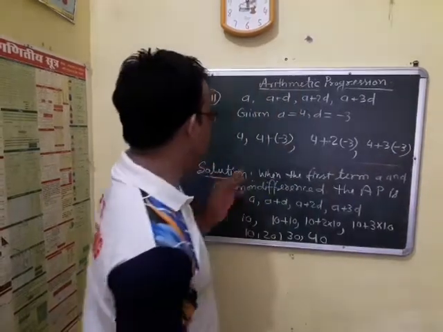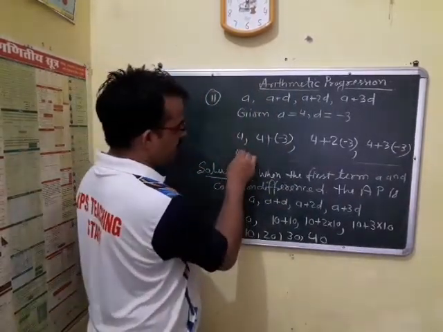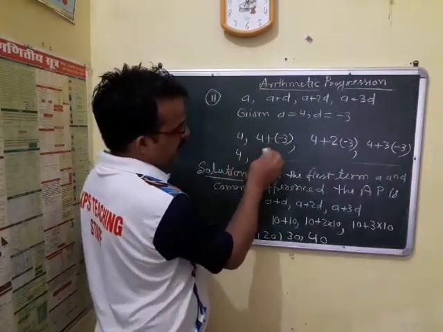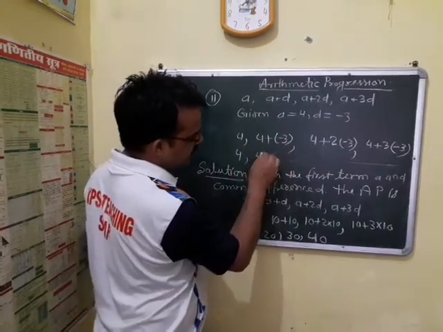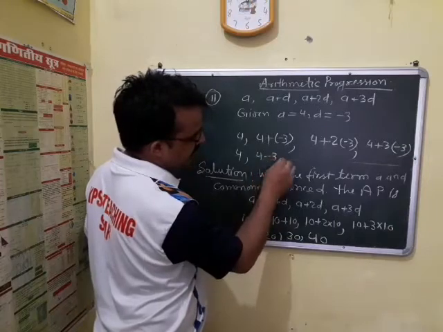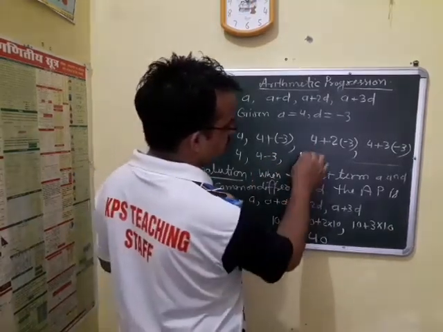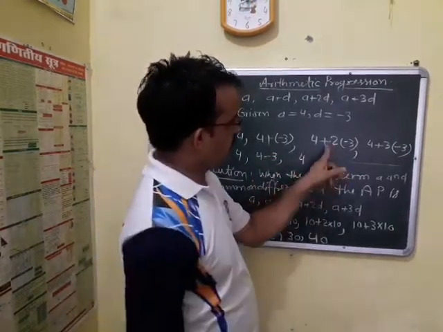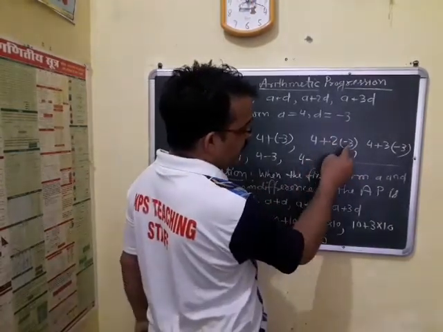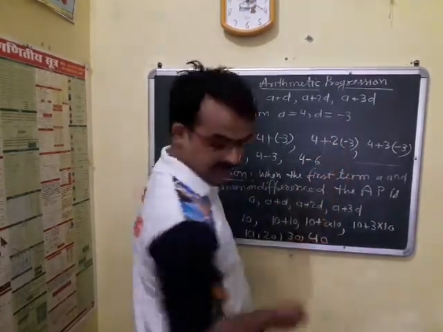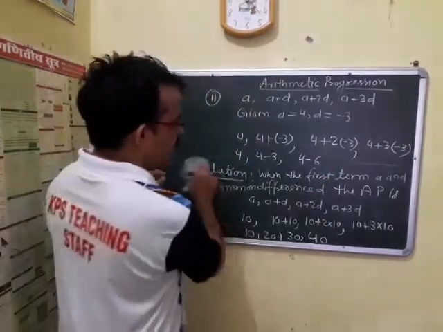Now solve that one. This one is a single 4, plus minus multiplication is a minus, so 4 minus 3. This one is 4 minus 3 and this one is 4 plus minus 2 into 3, 6.